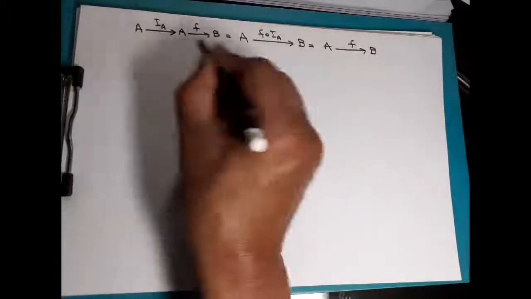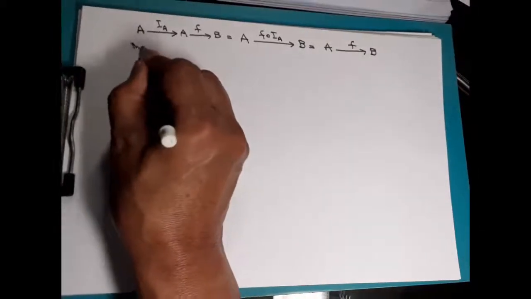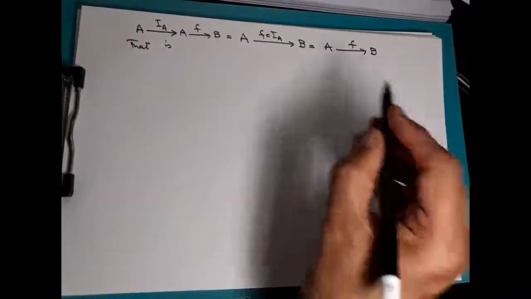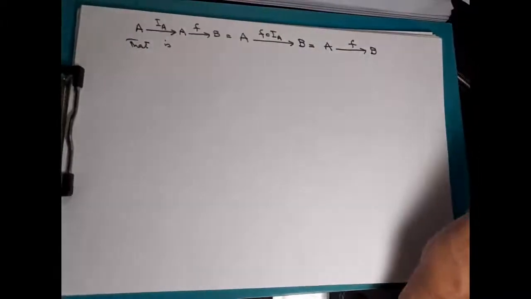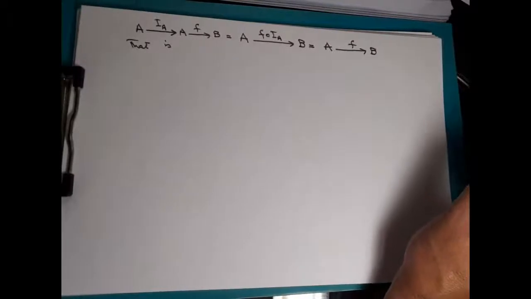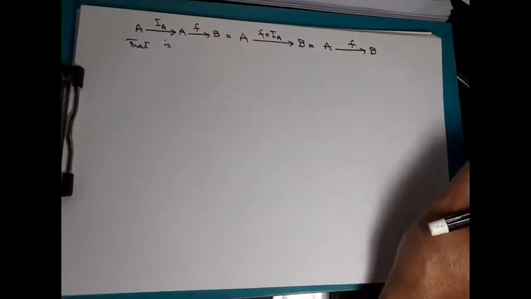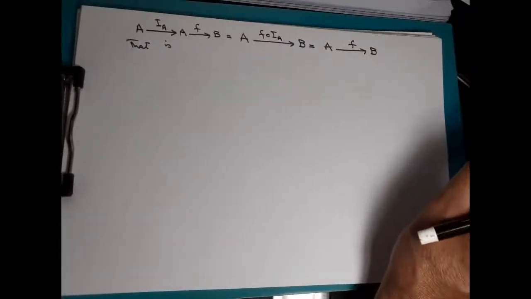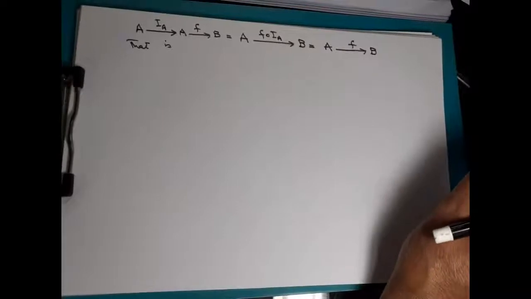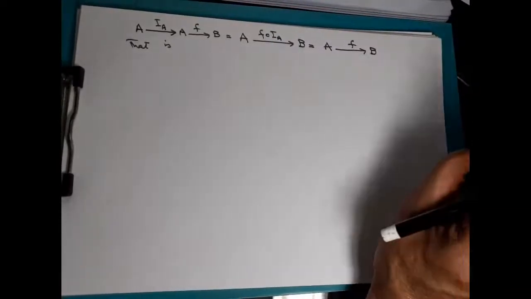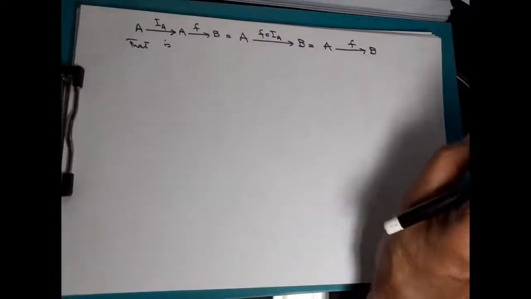So that is, we have composed function f with identity function of set B, and we have composed function f with identity function of set A, and in both cases we obtain the function f itself.